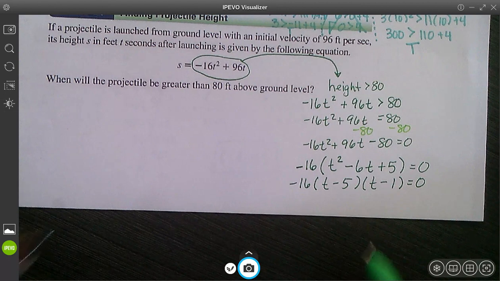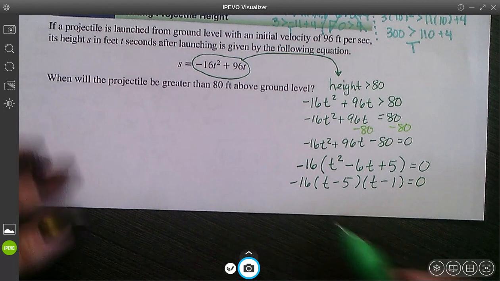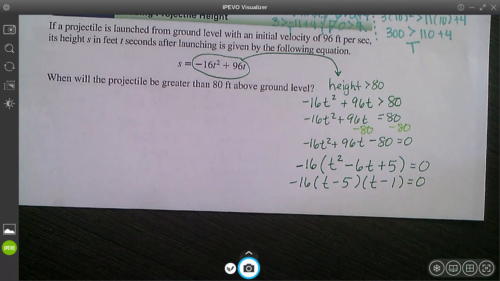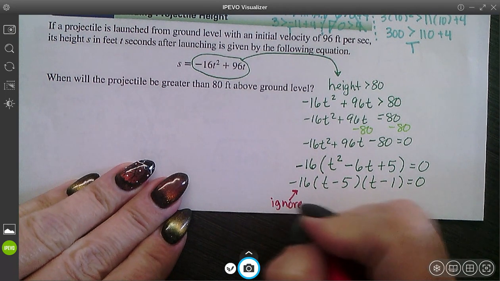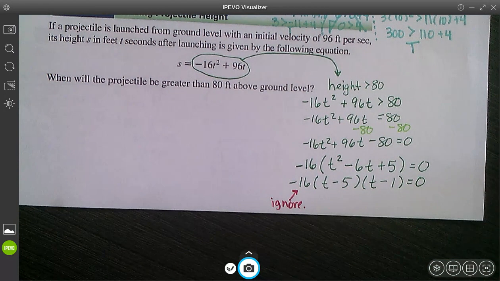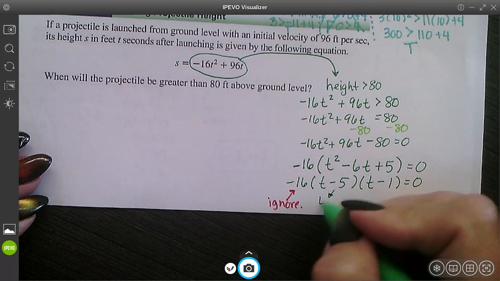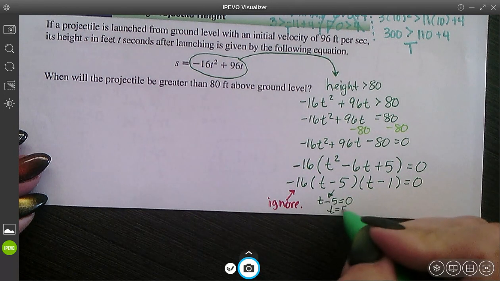The zero product property says that I should now set each part that has a variable equal to 0. The negative 16 was the GCF, we ignore it because there's no variable, so we don't have to pay attention to it. We just set t minus 5 equal to 0 to get t equals 5.